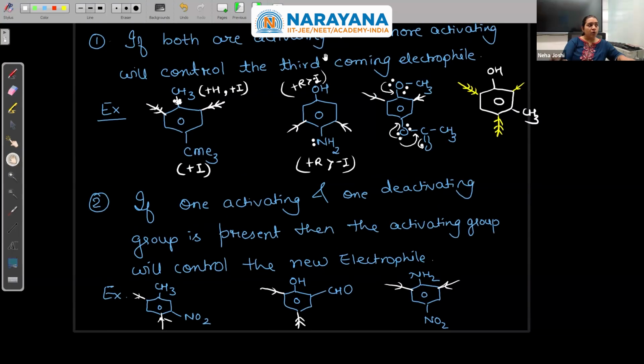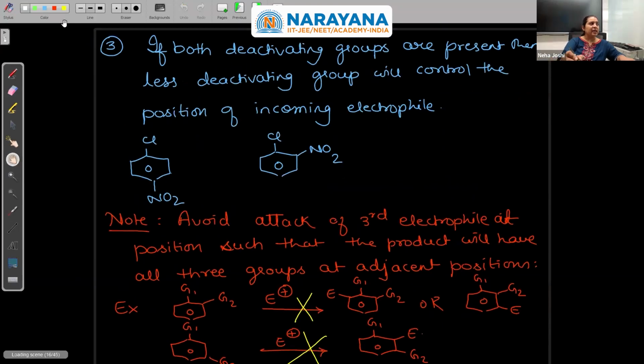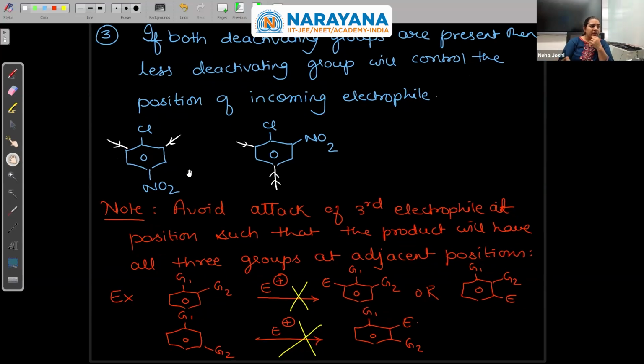Okay. If both are deactivating like these, then the one which is lesser deactivating will control the effect. Now chlorine and NO2. So chlorine is less deactivating. Again, I'll say less here, more here, because three continuous groups were coming.